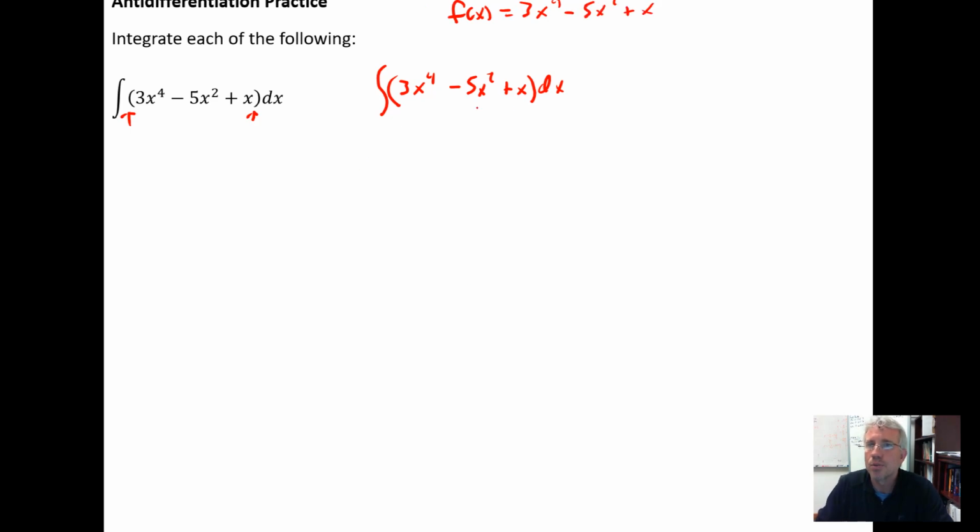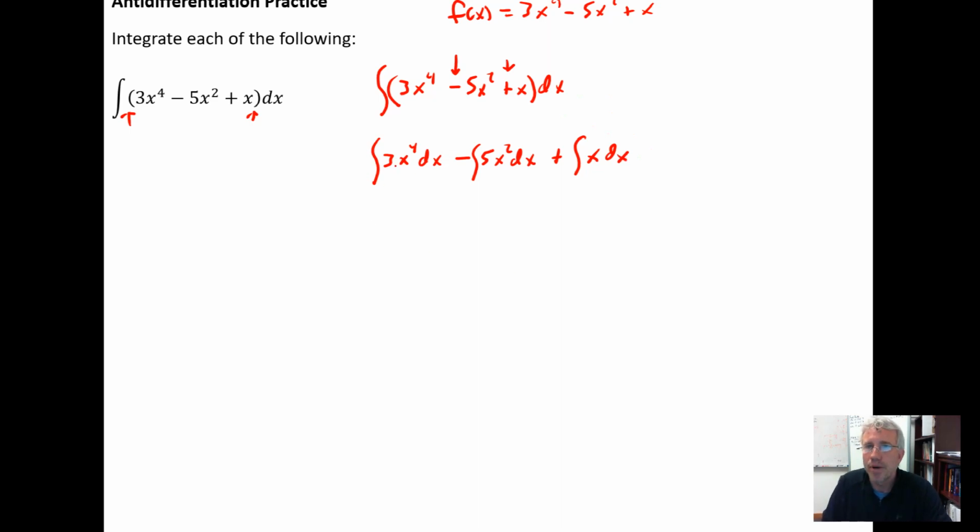And then what I'm going to do is recognize I have a sum or difference of terms, so I can break it into individual pieces. So integrate 3x to the 4th dx minus integrate the 5x squared dx plus integrate the x times dx.